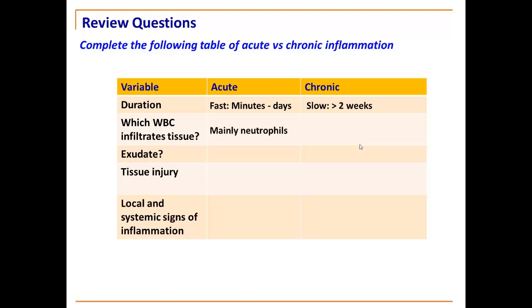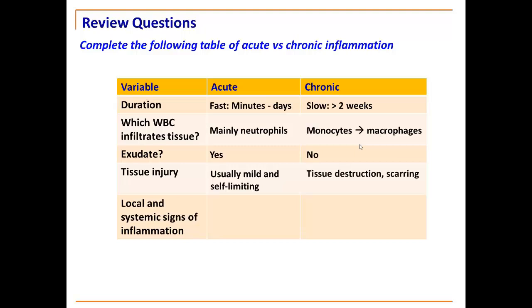Mainly neutrophils for acute, mainly monocytes, which are then converted to macrophages in chronic. Exudate: yes in acute inflammation, no in chronic inflammation. Tissue injury: in acute, it's usually mild and self-limiting, whereas in chronic, it's tissue destruction and scarring forming.